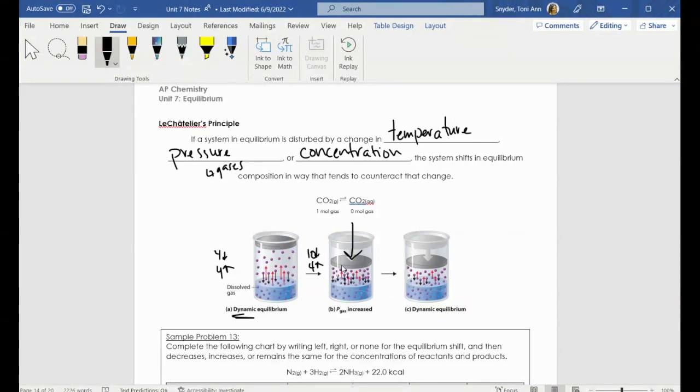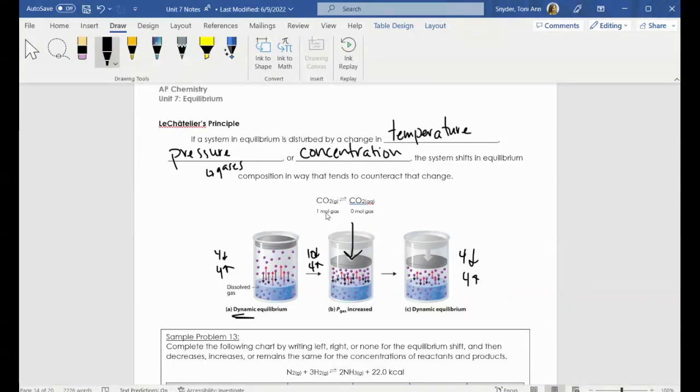But what happens is that this particular situation is going to relieve the stress somehow. Once it forces more CO2 to become dissolved, you could see in this picture, a new equilibrium is established after that. So again, I have 1, 2, 3, 4 arrows going down, and I have 4 arrows going up.